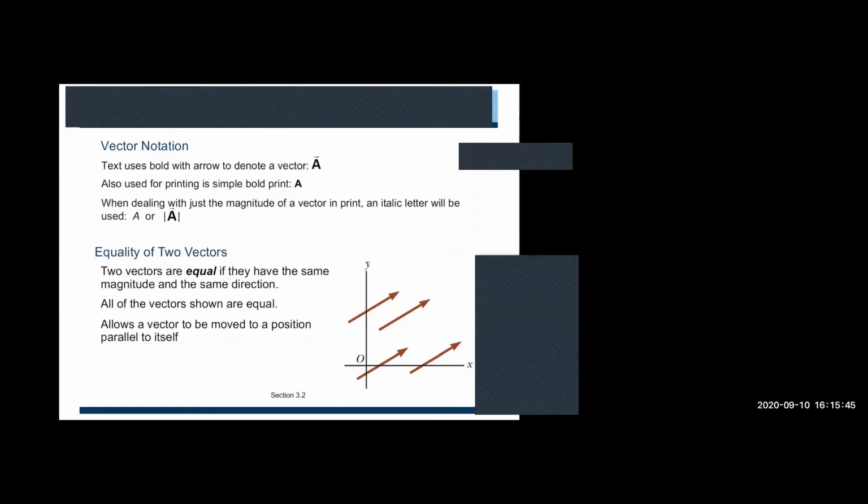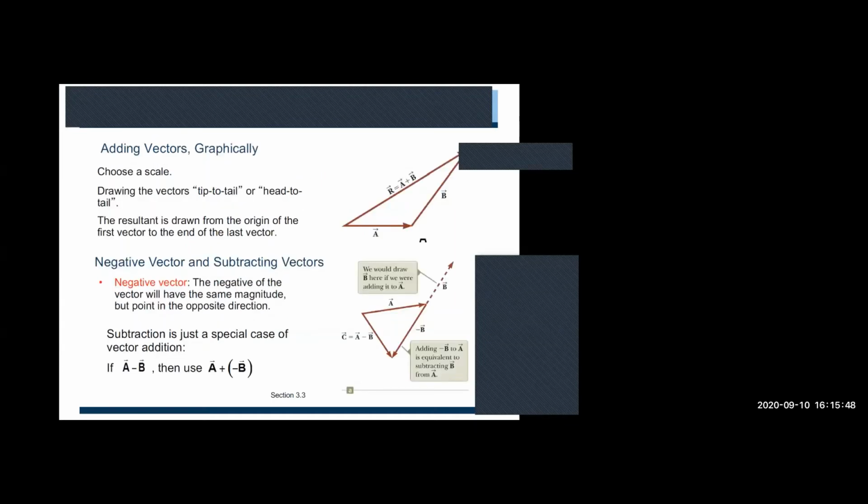And there are some interesting ways in which we operate with the vectors. For example, when we are adding up the vectors, we do it in this way. We try to put the arrows head to tail or tip to tail. So if you are having an A vector that is lying horizontally and a B vector lying at a certain angle, if you consider the addition of these two vectors, you put the tip of one vector to the tail of the other vector.